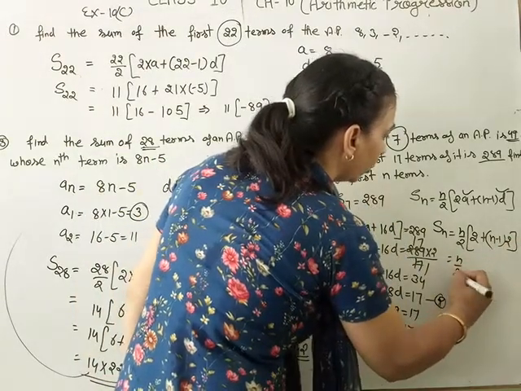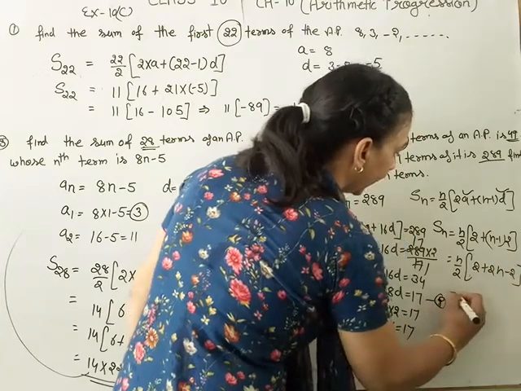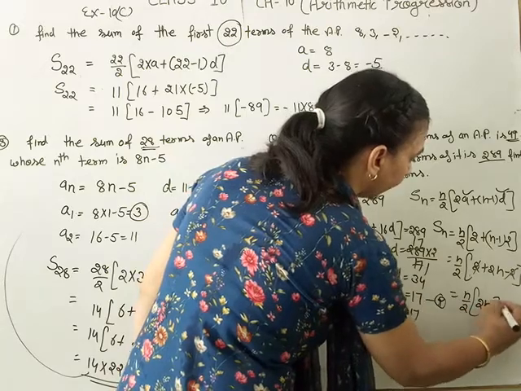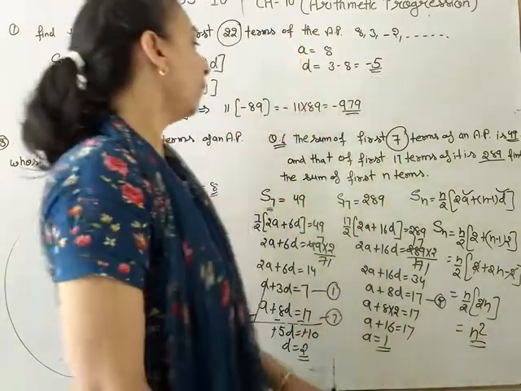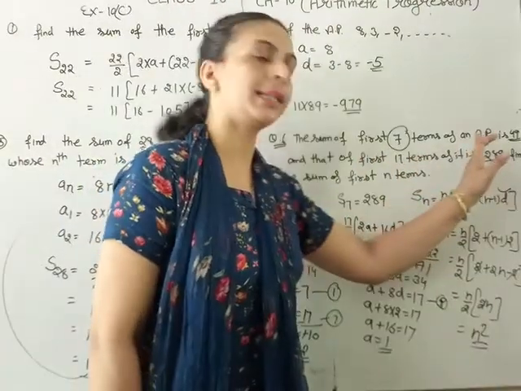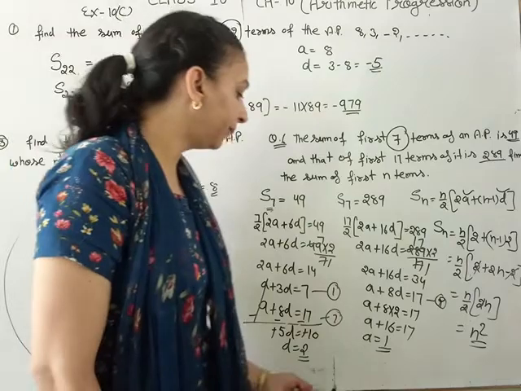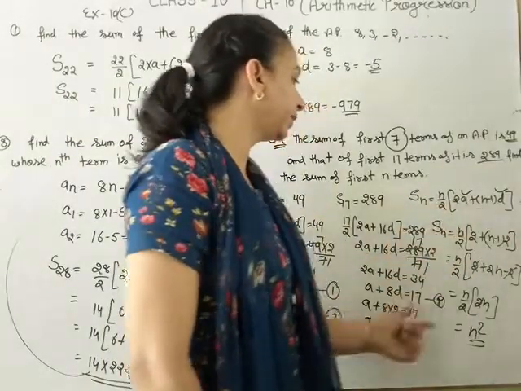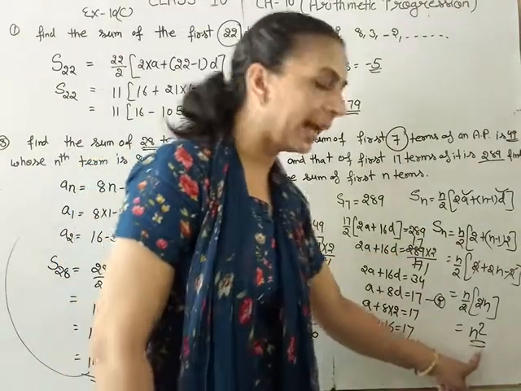Then n by 2 into 2 plus 2n minus 2. Next is n by 2, 2 cancels, then 2n, and this equals n square. So if the sum of 7 terms and the sum of 17 terms are given, from these two equations we find the values of a and d, then we put them in this formula, and the sum of n terms is n square.